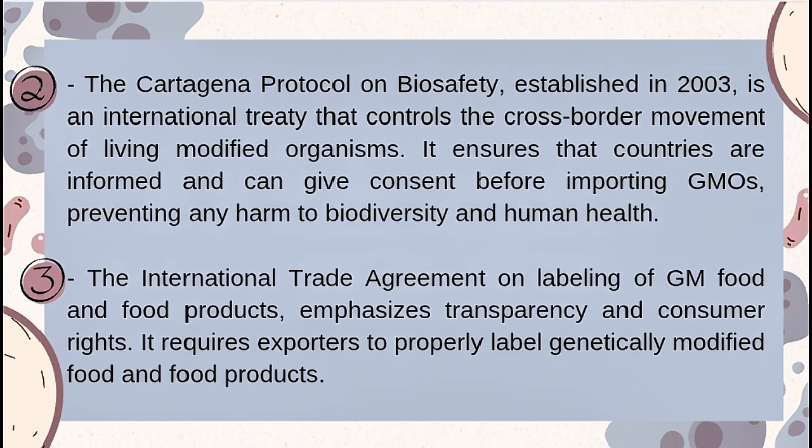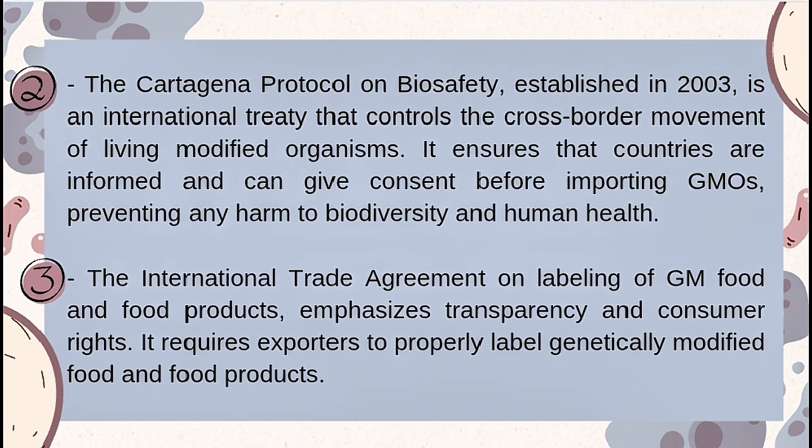The last principle is the International Trade Agreement on Labeling of GM Food and Food Products. This agreement focuses on transparency and consumer rights. It requires exporters of GM food and food products to label them clearly so consumers can distinguish between GM and non-GM items.